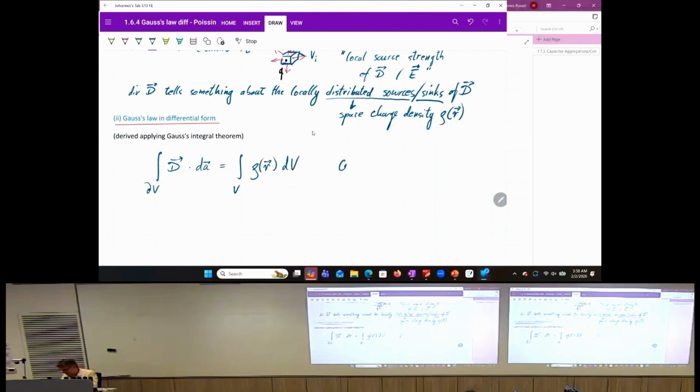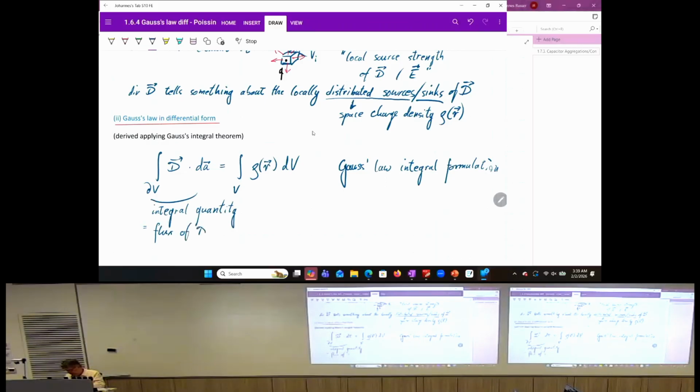This is what we call Gauss law, in integral formulation. This is what we have used thus far. It's the integral formulation, obviously, because you have an integral on either side. You have an integral quantity, which is the flux of the D field through the enclosing surface, and you also have an integral quantity, which is the total charge inside the volume.